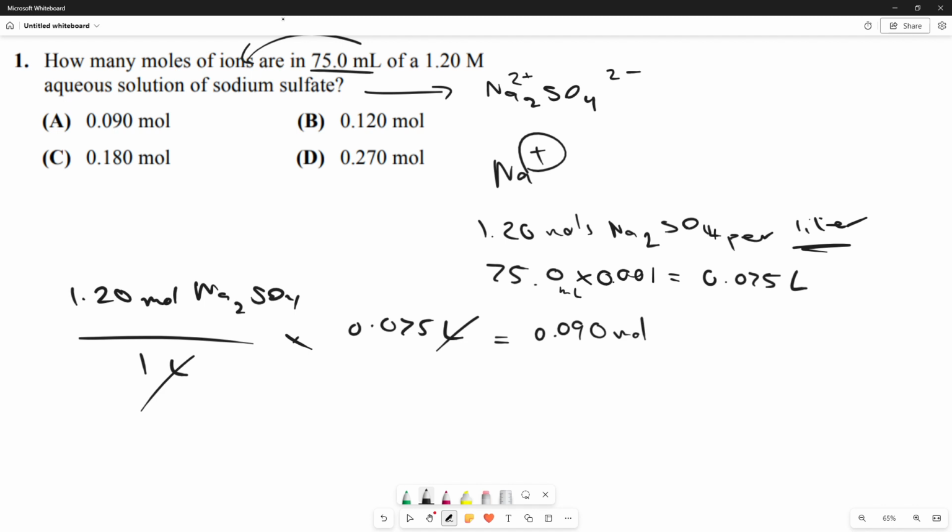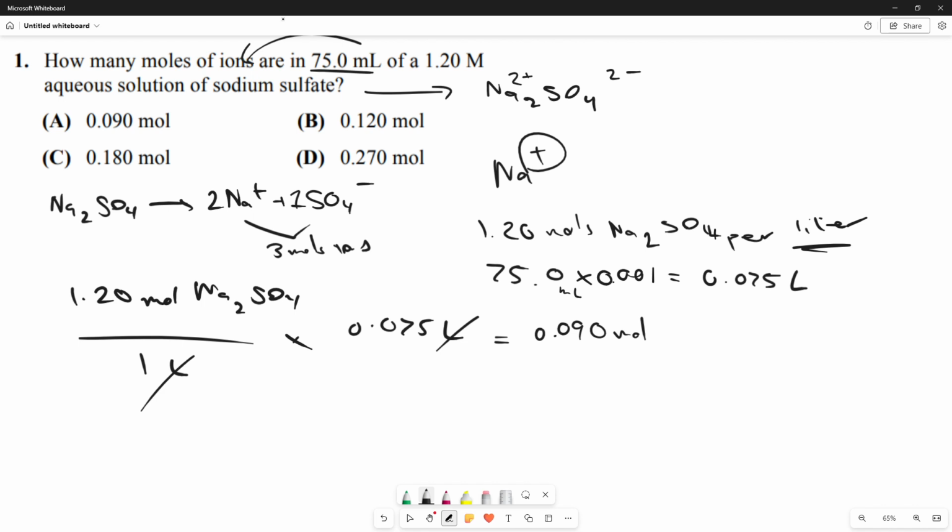And now we have to find the moles of ions, right? If we just pretend that we're dissociating this, it turns into 2 moles of Na plus and 1 mole of SO4 2 minus. So these are the ions, and let's pretend that there's a 1 here, because there really is. There's going to be a total of 3 moles of ions.